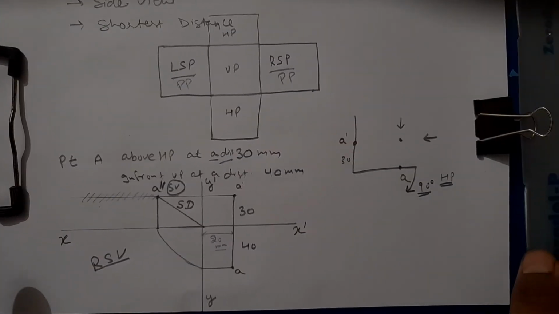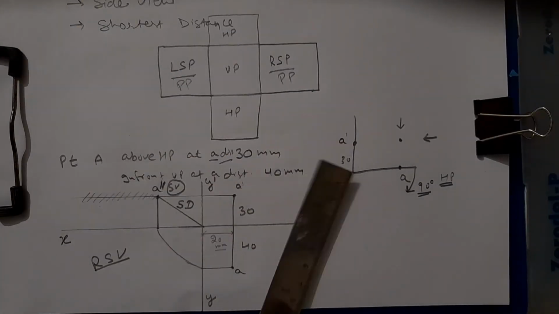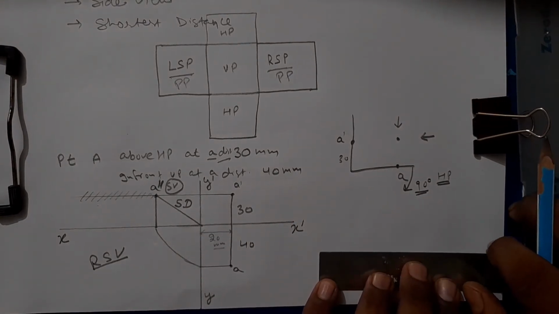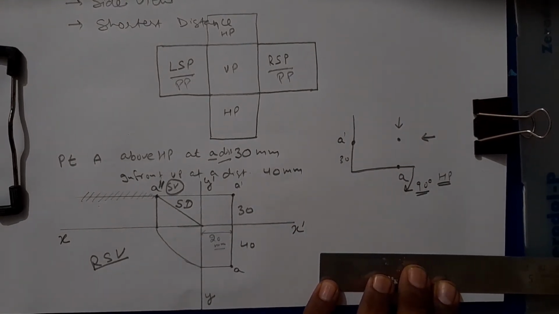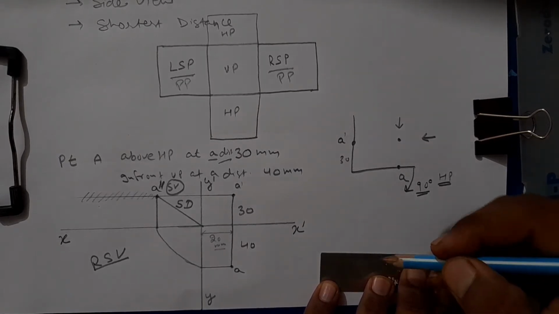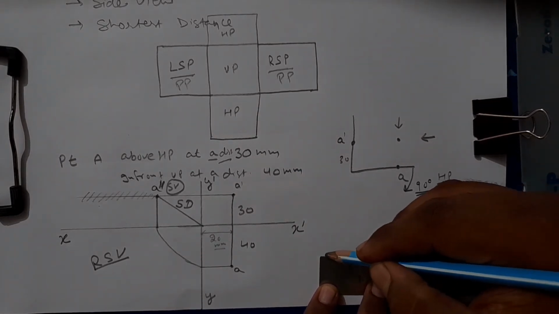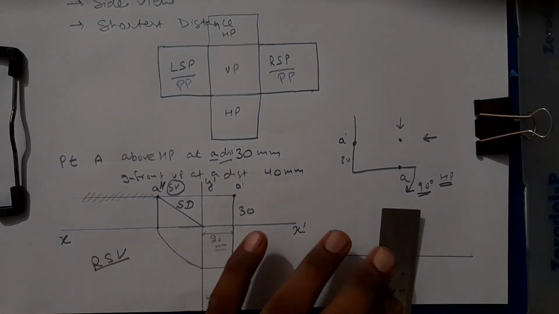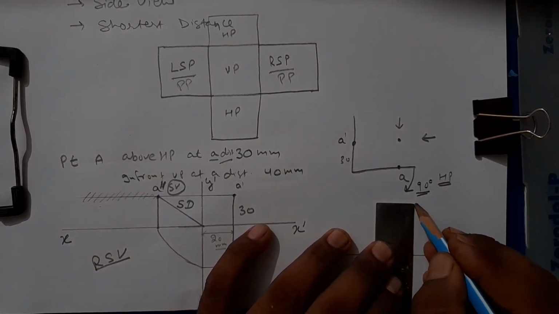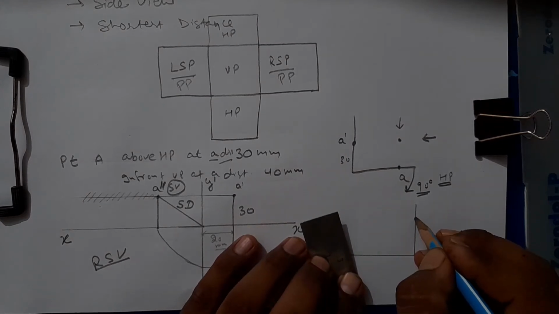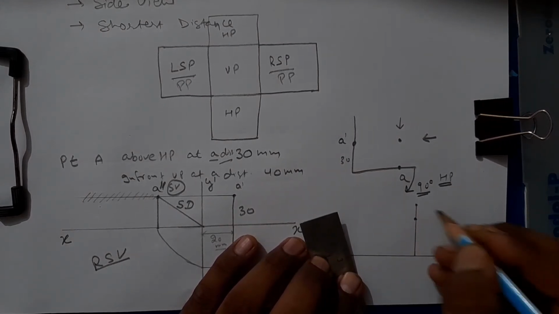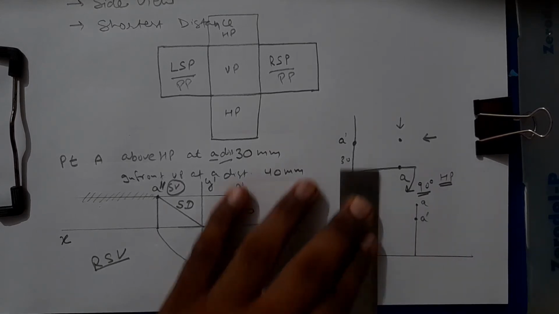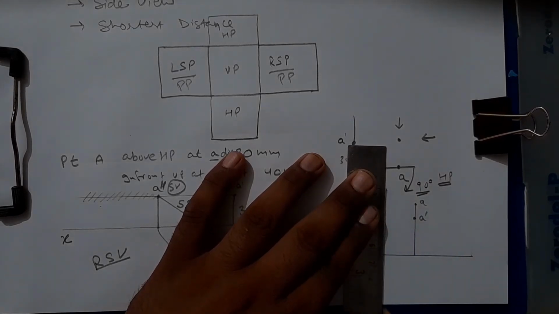Likewise, we can plot for the second quadrant. When we are plotting for the second quadrant, we are taking the same dimensions. We know from the last lecture that both views will be on top of it. Here we will be having A, here we will be having A dash. We are plotting any line y dash.